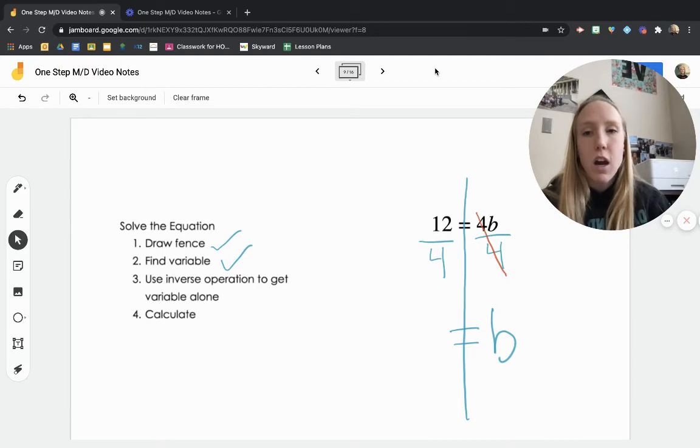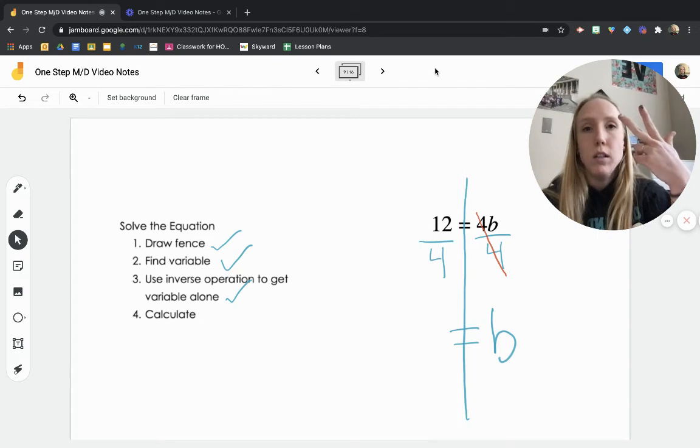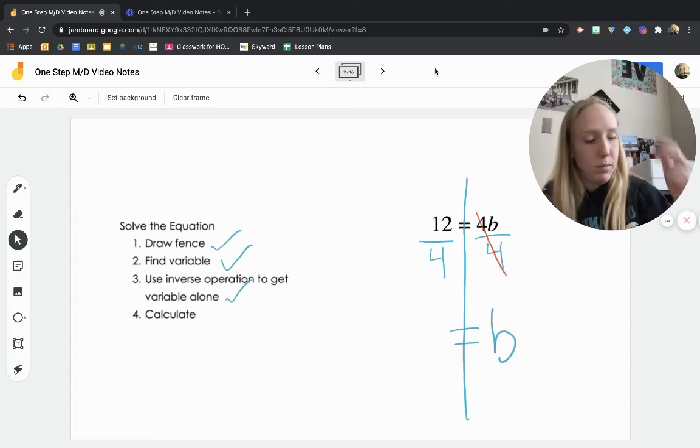Now I've got to calculate what 12 divided by 4 is. How many times does 4 fit into 12? So you can count by 4s. 4, 8, 12. 12 divided by 4 is 3.